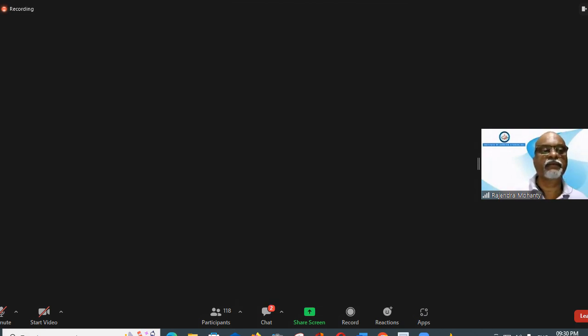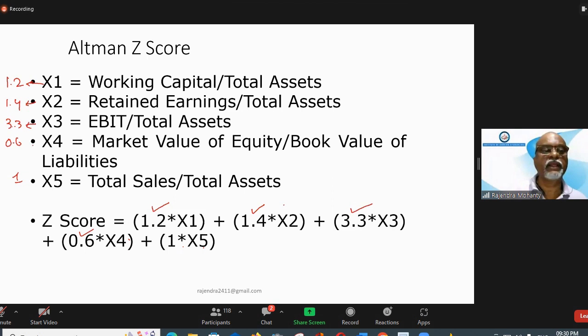So these are constants. These are multiplied with the corresponding constant factors. After you multiply and add all these, you get a final number. Because all the ratios are numbers, multiplied with a simple number again, you will get a numerical value at the end.